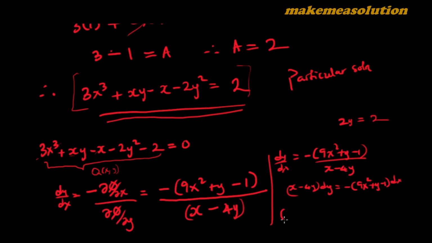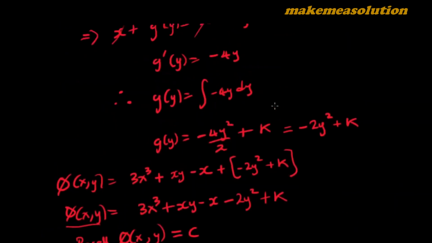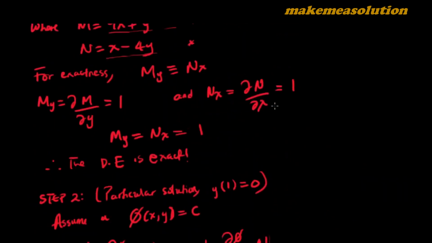So when you rearrange, (9x squared plus y minus 1) dx plus (x minus 4y) dy is equal to 0. So this is actually the question, right? Is that not the question given to us? Exactly. It's actually the question.